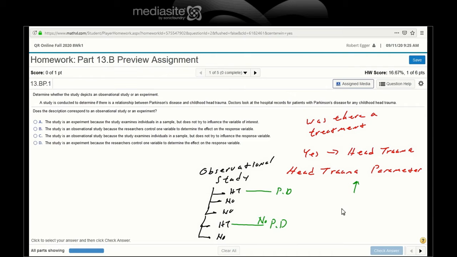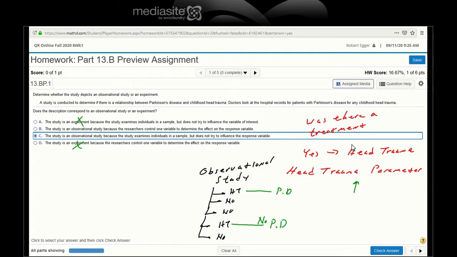The study experiment because the researchers control one variable. Well, they can have experimental studies. But we were looking at individuals in a sample but not trying to influence the response variable. Okay.